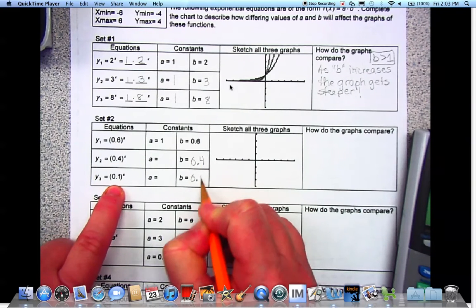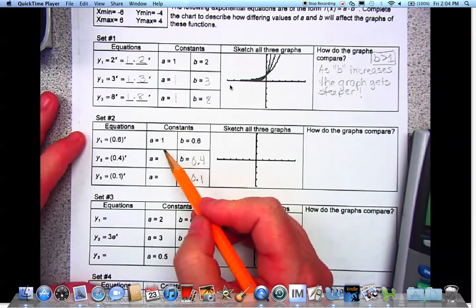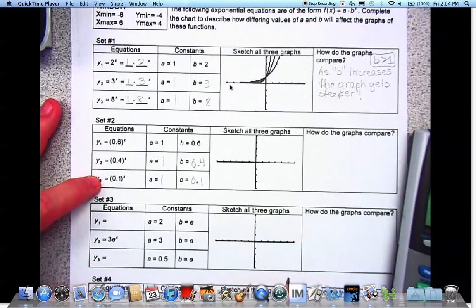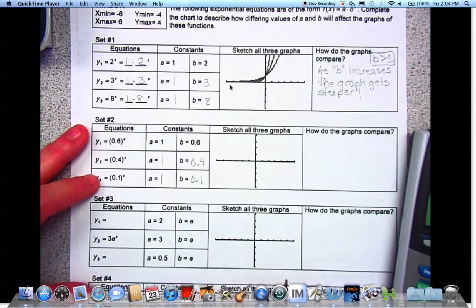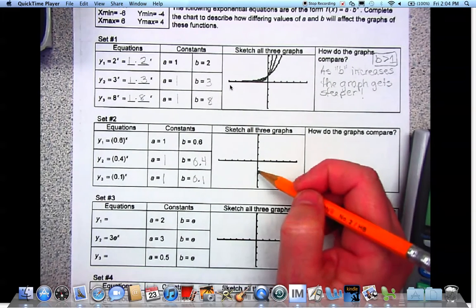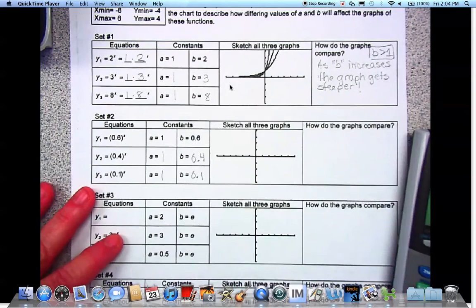This is 0.1. And what are the A's again? 1. There isn't an A out here, so it's 1. So the A's are staying the same. Where do you think the graph is going to go? What is going to be the y-intercept? Where is it going to go through the y-axis? 1. Okay. So let's try these.